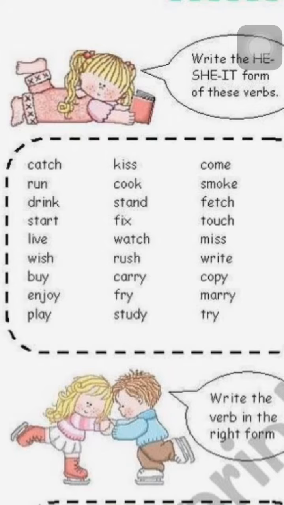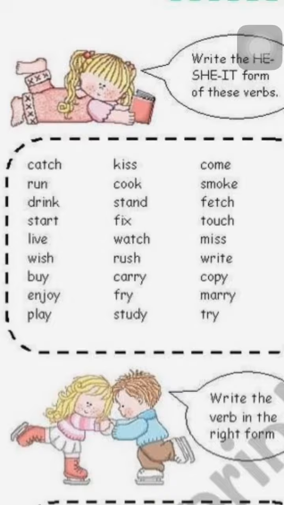Catch ends with ch, so we have to add es. Run, we add s. Drinks, yes, excellent, add s. Starts, just s. Lives, just s. Wash ends with sh, so we add es. Yes, excellent.